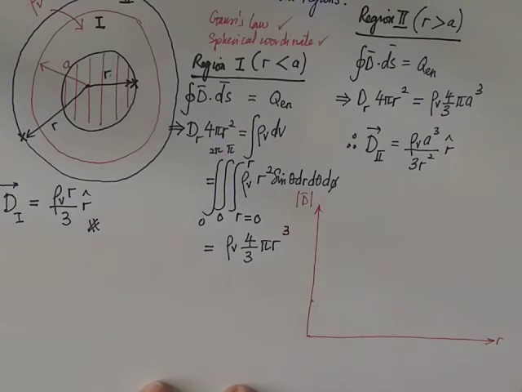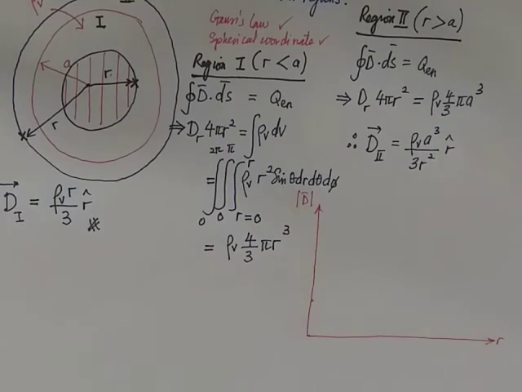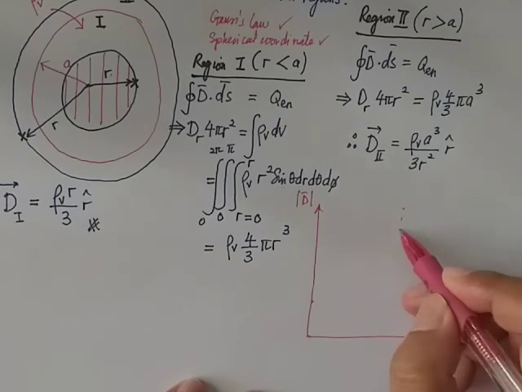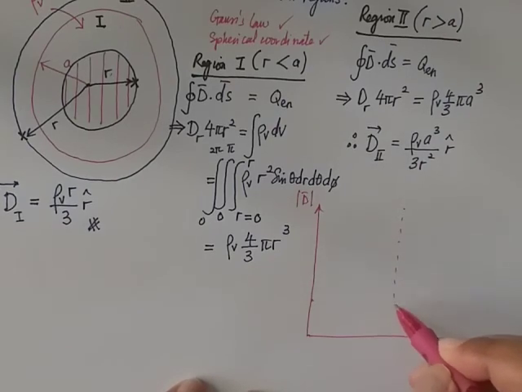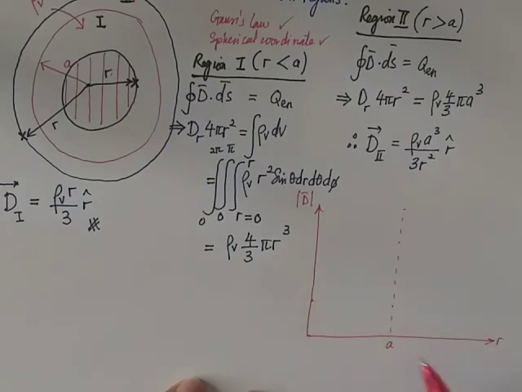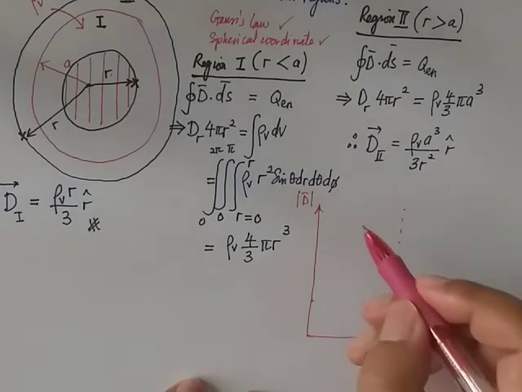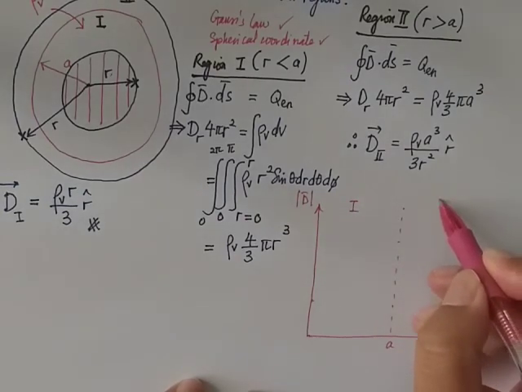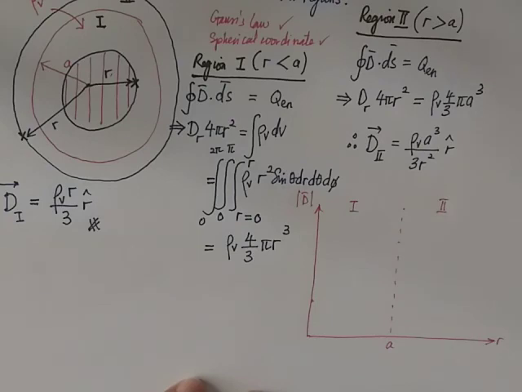So what should be the shape of my field distribution in this problem? I know that there is a boundary defining two regions. So this is my boundary. What should be the value of my boundary? That's good, a. I'm going to call this my region number 1. This is my region number 2.